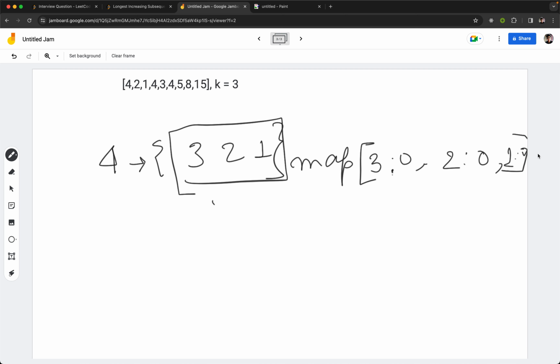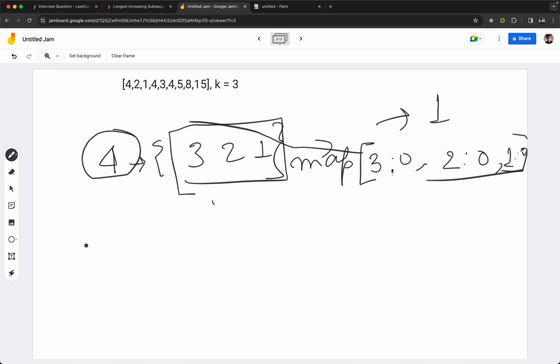So initially this would be my array, and when I am considering 4, I would check what was the value of this which was ending at 3, 2 or 1. Now for all of these the answer is 0, so this 4 would be 1. I mean the maximum including the 4 would be 1.